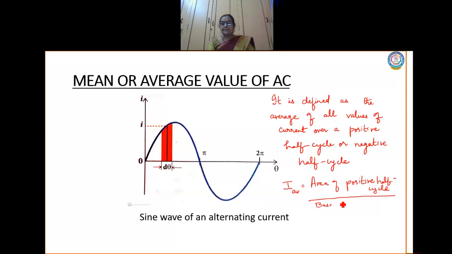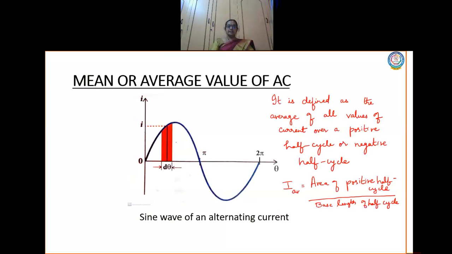By the base length of the half cycle. What is the base length as far as this graph is concerned? This is from 0 to pi. This is the base length of the first half cycle. So I can find the area of the positive half cycle divided by the base length of the half cycle to find the average value of AC.